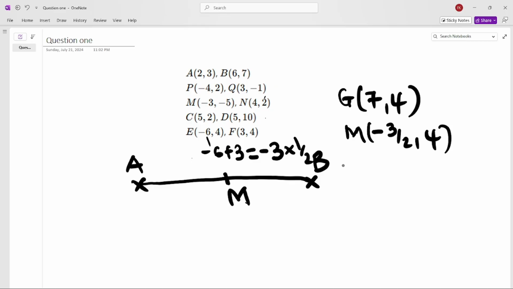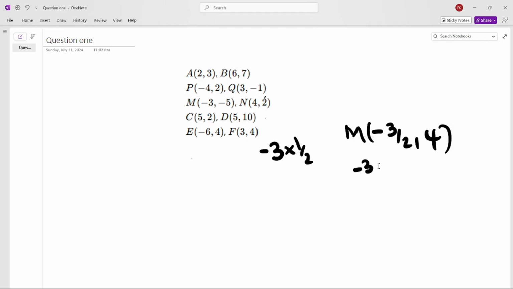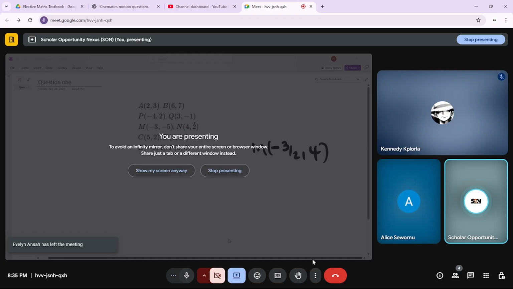If you multiply by half, what do you get? Negative 3 times 1 over 2. That's what? Alice is not speaking, so I'll just move on. Alice, are you there? Yes, please.